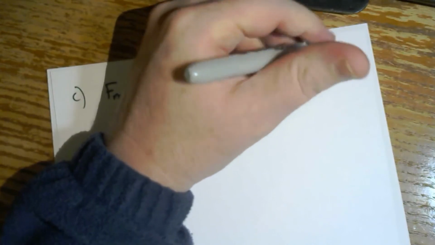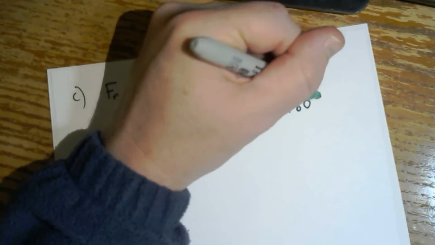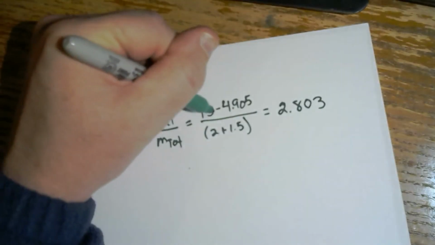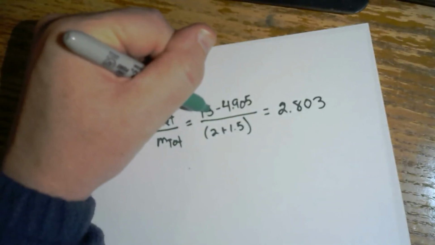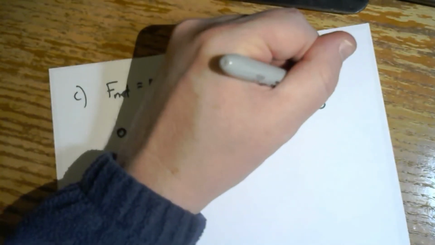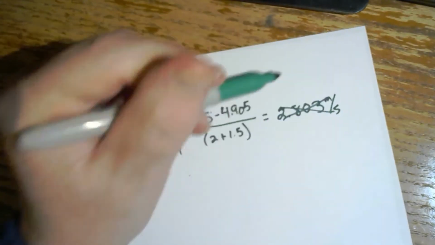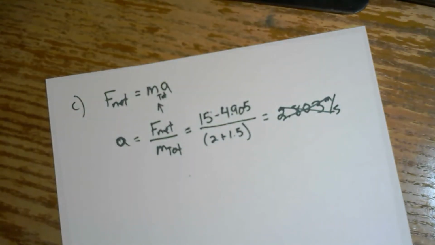We get 2.803-ish, somewhere around there. I think what I did is I went ahead and calculated not 15, but using 9.81. And so the number's a little bit off, but using these numbers, let's just use those numbers real quick and I'll calculate it for you.